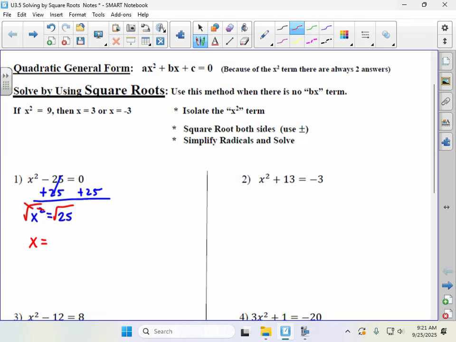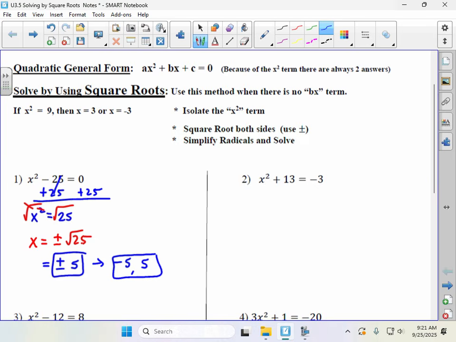Now we put that plus or minus in front of the radical 25. Now we simplify the radical if we can. The square root of 25 is exactly 5, so we get plus or minus 5. Sometimes you'll see it separated as negative 5 and positive 5, and that's okay too. You can separate it or use the plus or minus symbol.